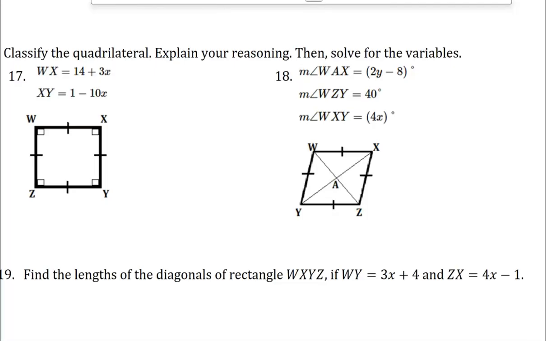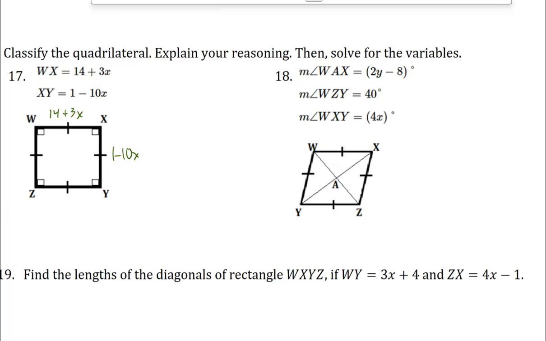So I have that WX is 14 plus 3x, that's this length here, and XY, this length, is 1 minus 10x. If I want to know what type of quadrilateral it is, I'm noticing that these 4 marks make it equilateral, and these 4 marks make it equiangular.